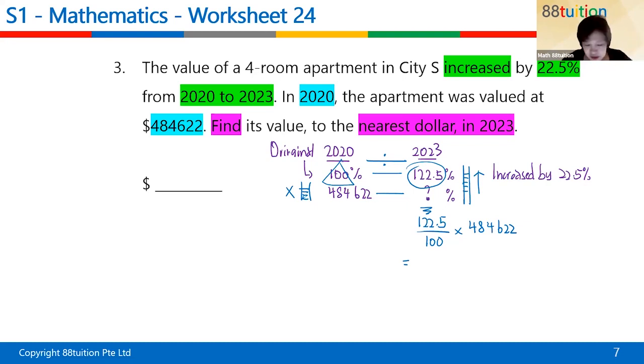Okay. Can you help yourself with this? I have introduced this method in various classes. So yeah. Yes, Li Rui, I answered earlier.